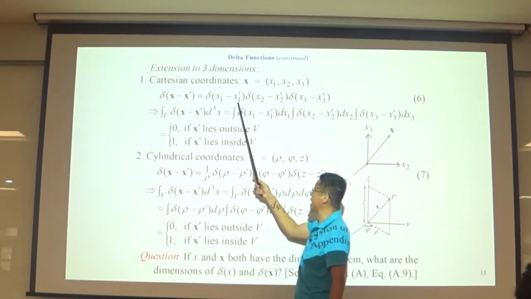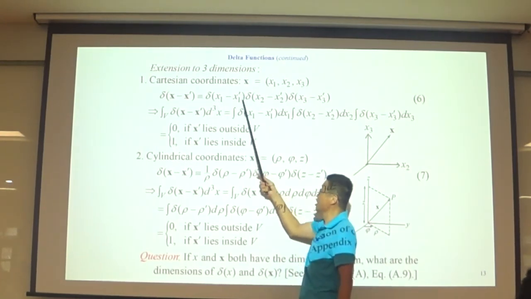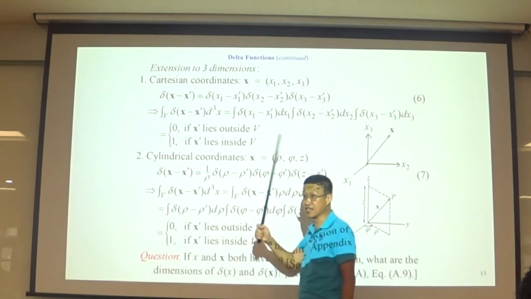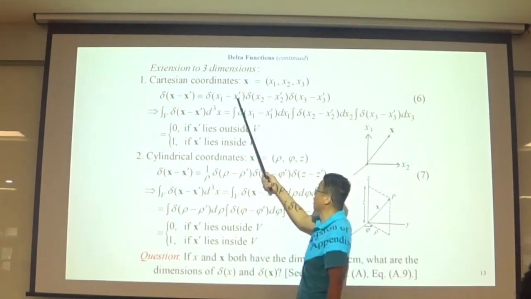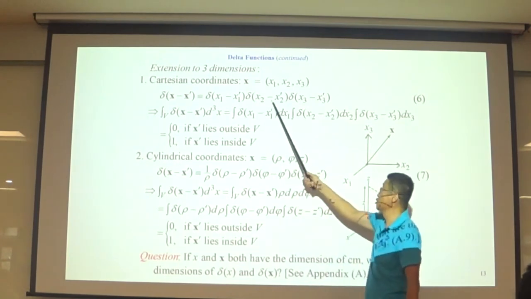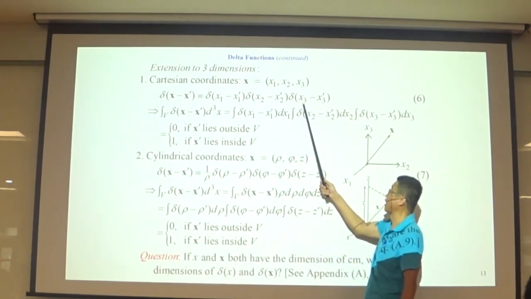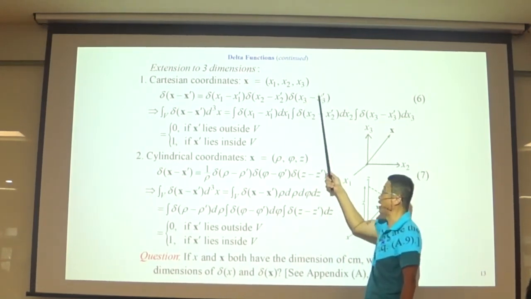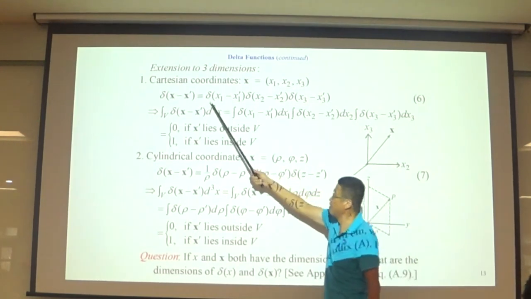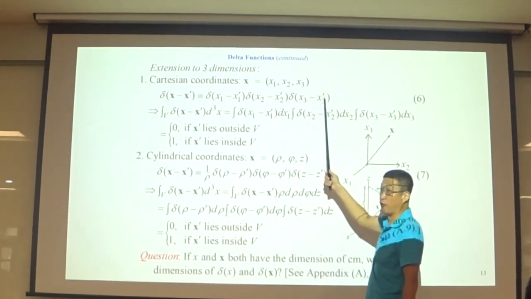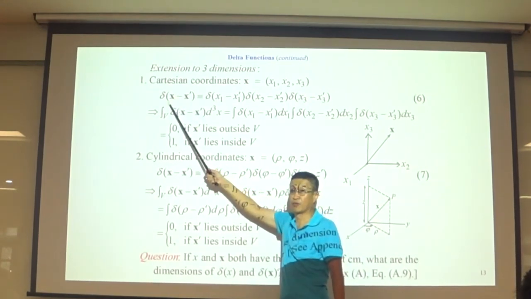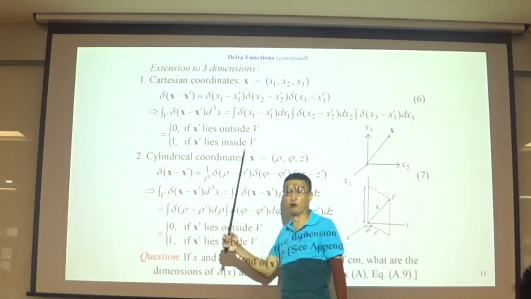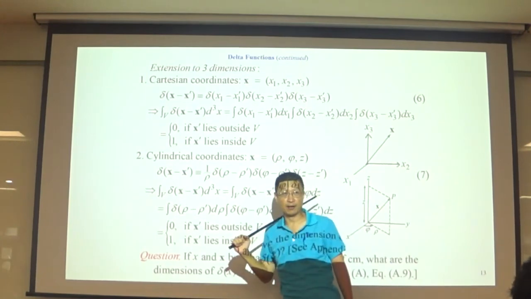Delta of x1 minus x1 prime. This is not a derivative, just another coordinate system. Delta of x2 minus x2 prime, x3 minus x3 prime is very long. Therefore, we express it as this one. Okay, it's very long, not convenient.